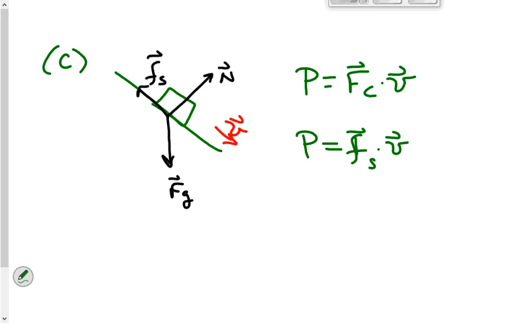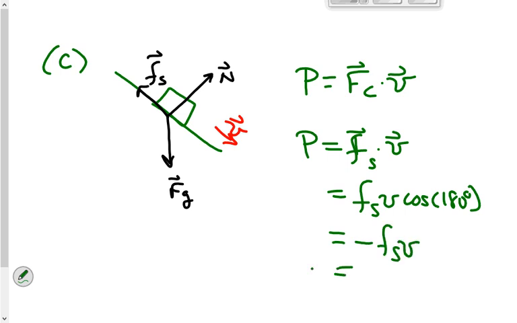But now the direction of the velocity and the direction of the static friction force are 180 degrees apart. And we know that the cosine of 180 is -1, so that's going to give us negative FSV, or the power will be negative 1.7 watts. We don't even have to figure it out again.